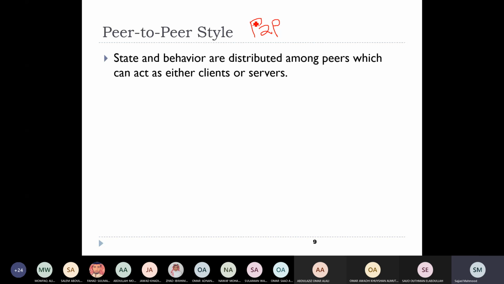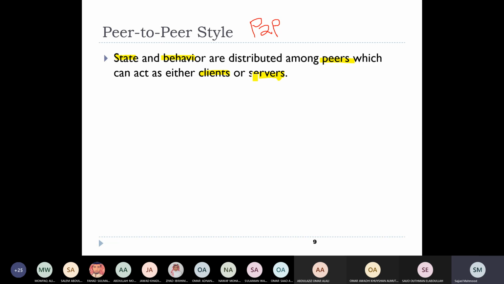Now, the unique properties about P2P style, and I'm pretty sure you guys might have used this at a certain stage. The key properties of this style are that the state and the behaviors are distributed among peers, and these peers can act either as a client or a server.